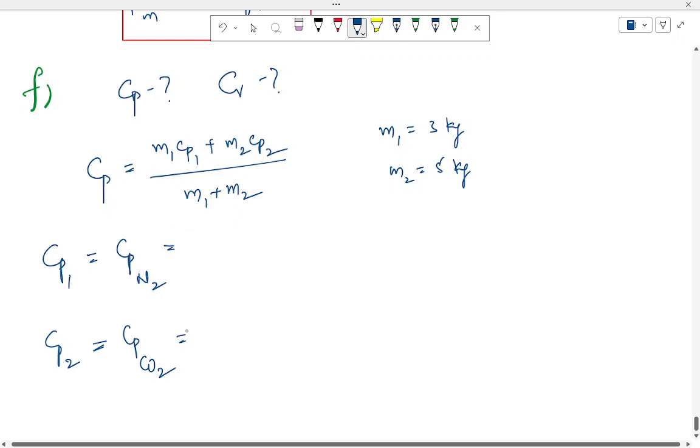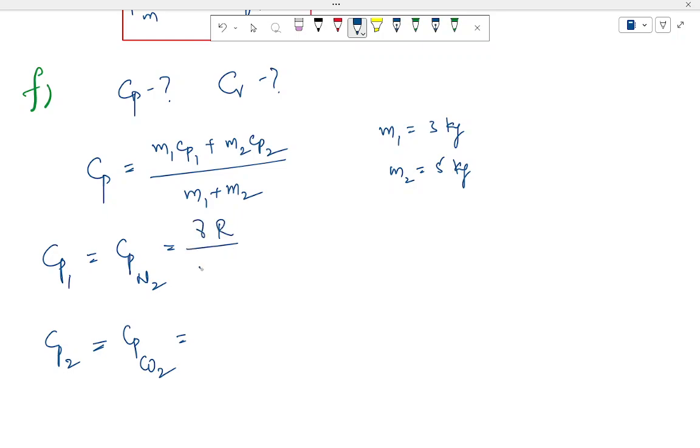So if I have to calculate this, the formula that we have here is gamma r by gamma minus 1, which is the formula for Cp. The same formula I can use here, gamma r. It's not gamma minus r, it's simply gamma r by gamma minus 1. So here you can use gamma 1 r 1 by gamma 1 minus 1. Here you can use gamma 2 r 2 by gamma 2 minus 1.